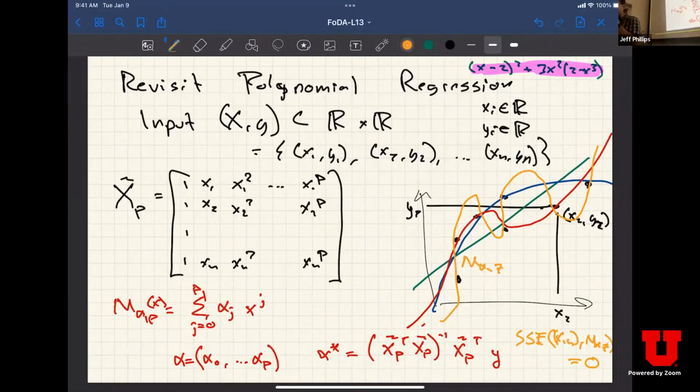So is this function, the orange one, going to be better than the green or the red or the blue ones? Yeah, so maybe. There are some applications in geometric modeling.